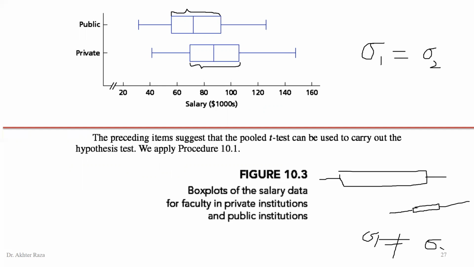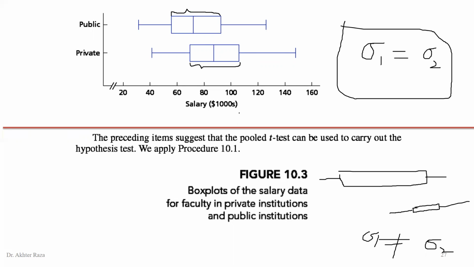If the boxes have more or less the same width like here, we can have a perception of equal standard deviations in the population. So this is the way of checking assumption number 4.